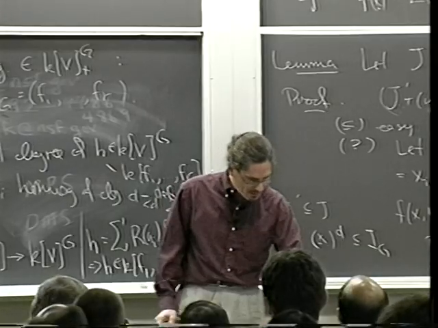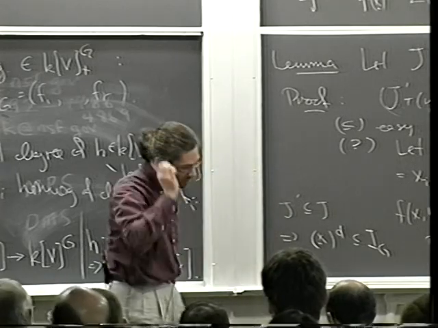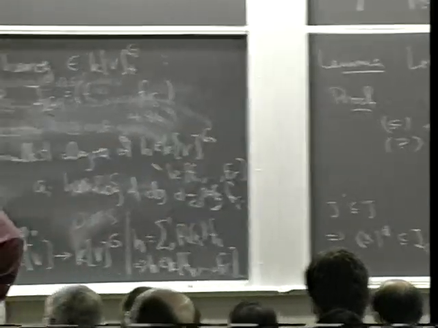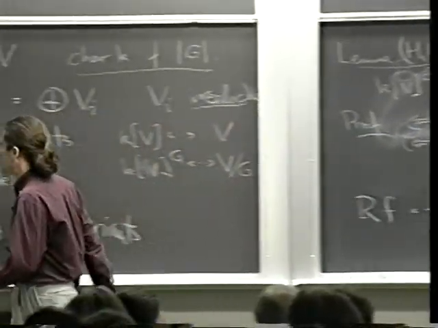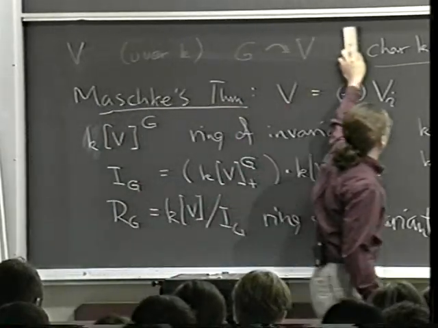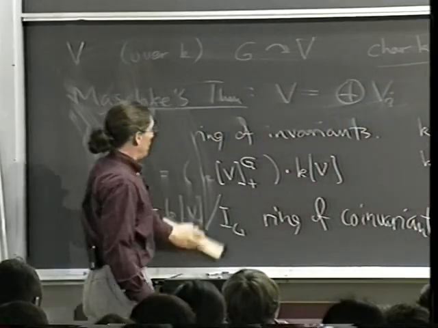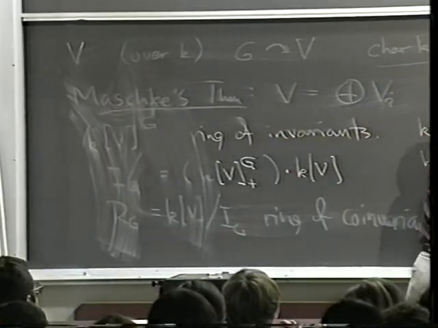So at this point, I want to return to the situation that we have been discussing in the whole series of lectures. Now G is going to be the symmetric group, and V is going to be n-tuples of points in the plane.